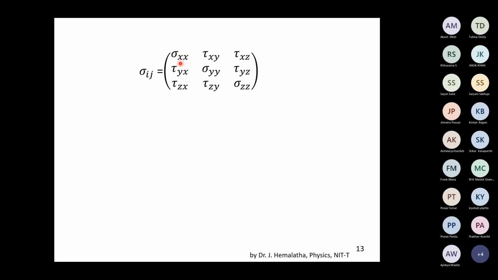The first direction represents the plane which experiences the force, and the other one represents the direction of the force itself. Earlier when I defined the dyadics, you might have wondered how a physical entity can have a magnitude under two directions. Now you can understand: even though it is a single quantity called stress, you see how much elaborated information you are getting.